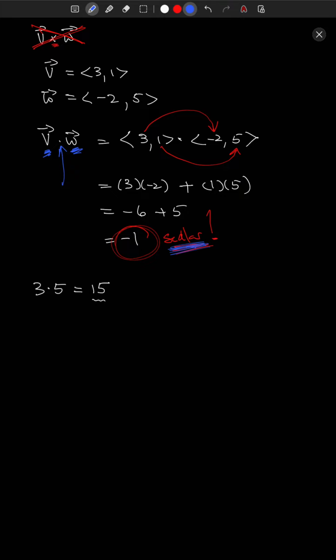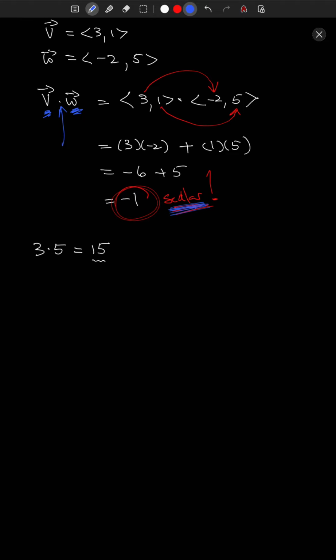So be very aware of this. You're not ending up with a vector, you're ending up with a number. And that number has very, very important geometric implications. We'll talk about that in just a few minutes.